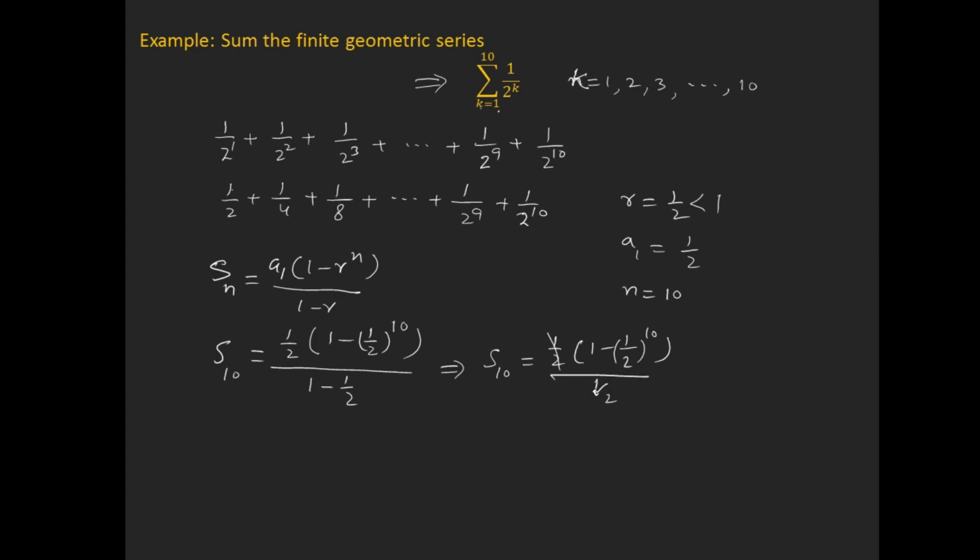So this 1 by 2 is cancelled with this 1 by 2, and we are getting 1 minus 1 by 2 power 10. We will calculate this with the calculator. So 1 minus, in bracket, 1 divided by 2, bracket close, power 10, and the answer is S10 is equal to 0.99990234375.